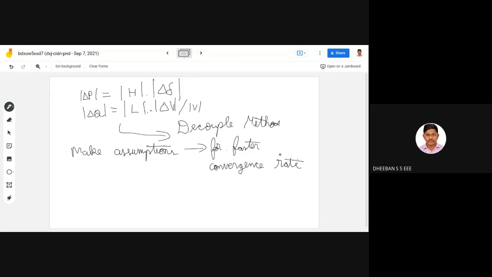We further make assumptions in the decoupled method, and then the respective method will be called the fast decoupled method.